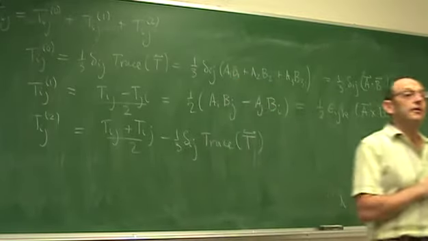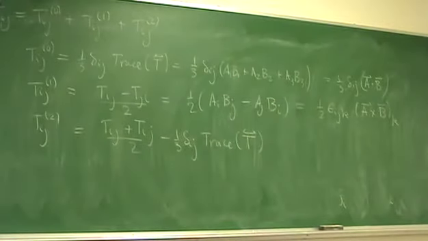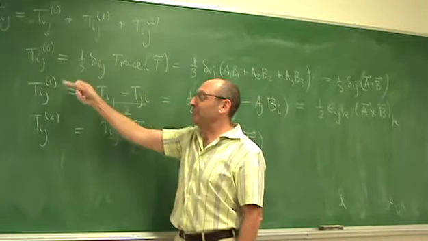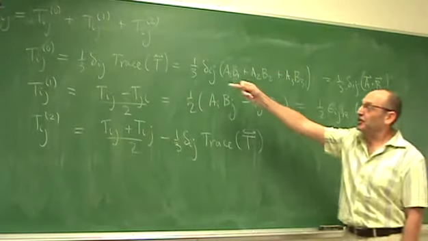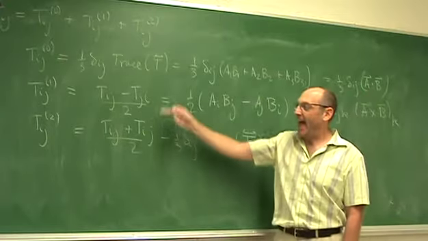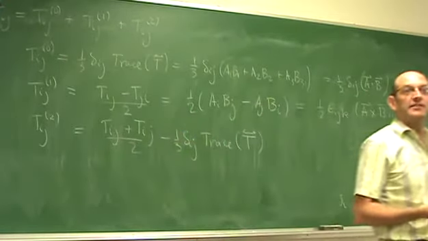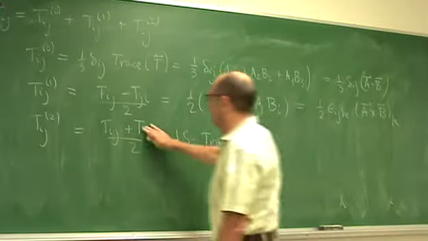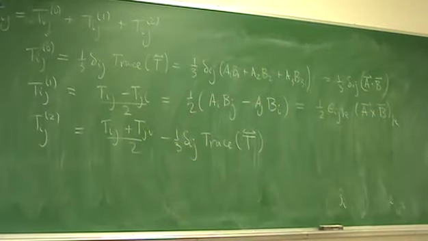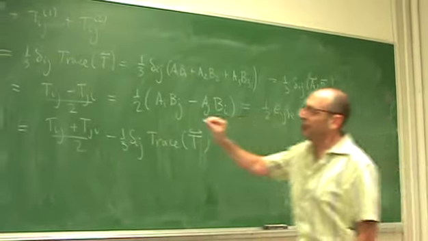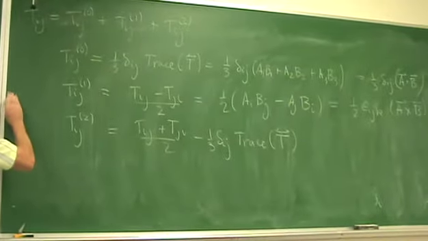of the tensor. So I've broken this up in a way that isn't particularly motivated at the moment, but it's true, right? If I add this plus this plus this, I get Tij, because the trace cancels here, and then I add these two together and I get Tij. This tensor is antisymmetric.